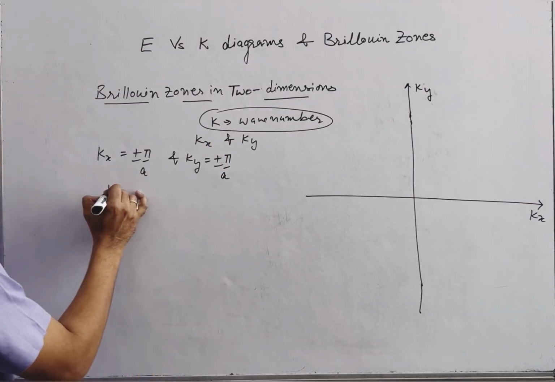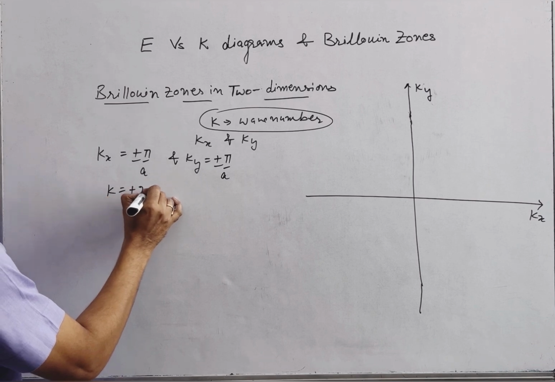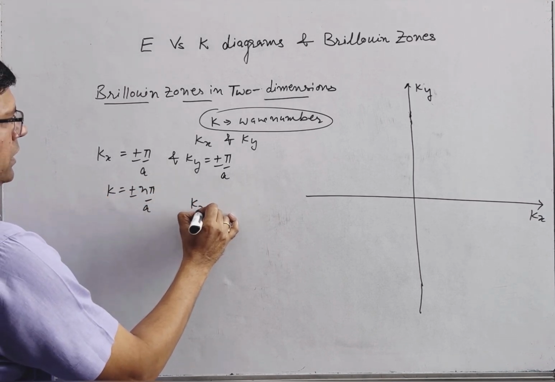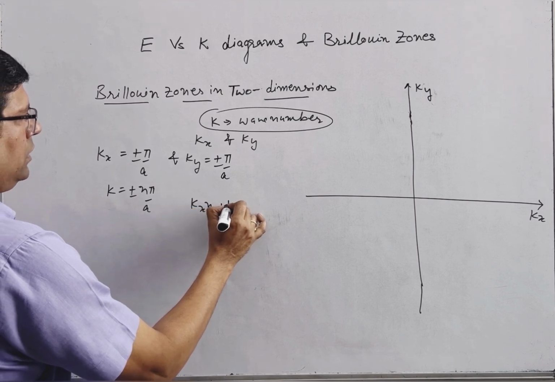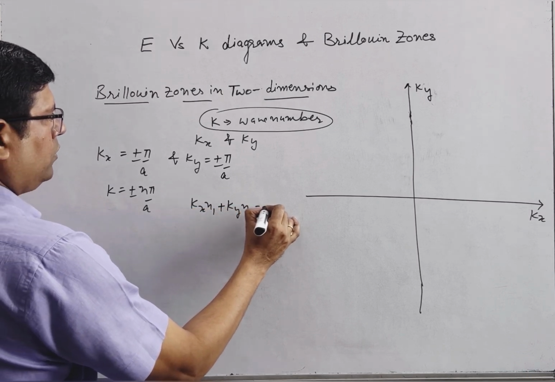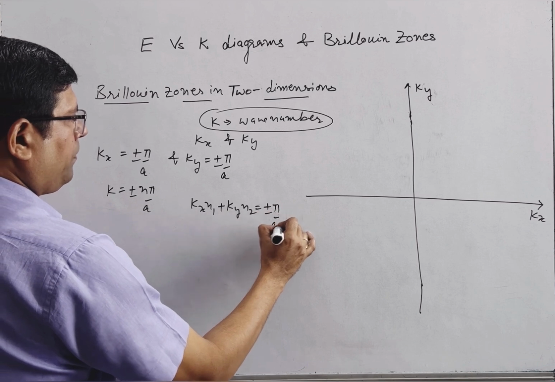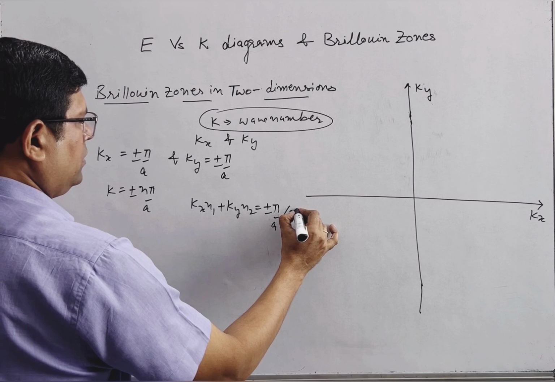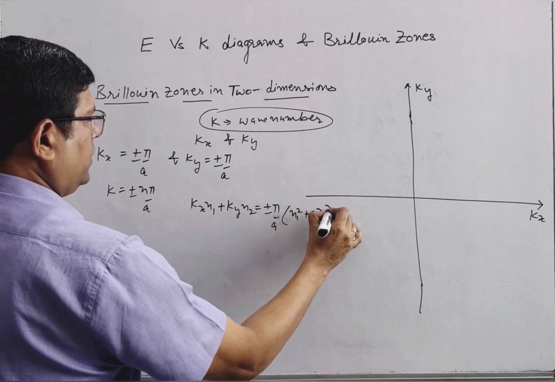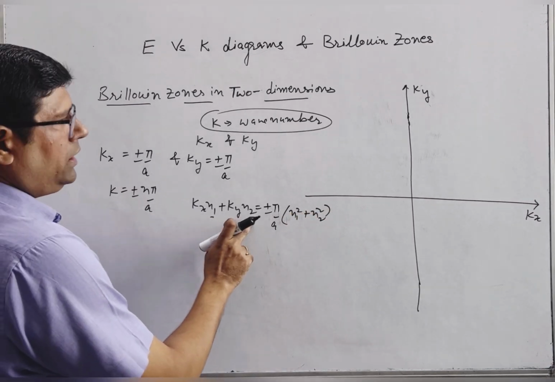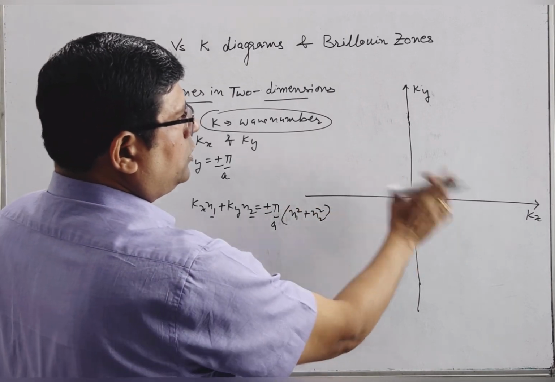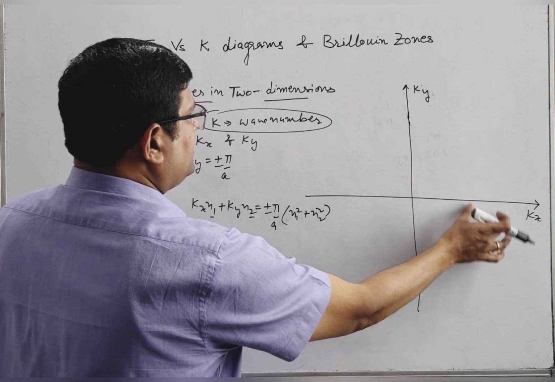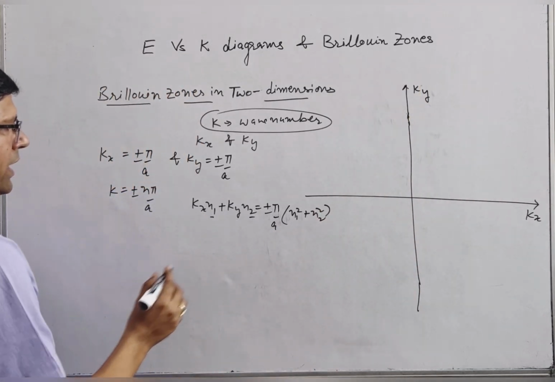Now for one dimension, the equation of continuity is plus minus n pi by a, and for two dimensions it will be kx n1 plus ky n2 equal to plus minus pi by a times n1 square plus n2 square. Now these n1 and n2 are the integers corresponding to the axes. So n1 corresponds to the x-axis and n2 corresponds to the y-axis.